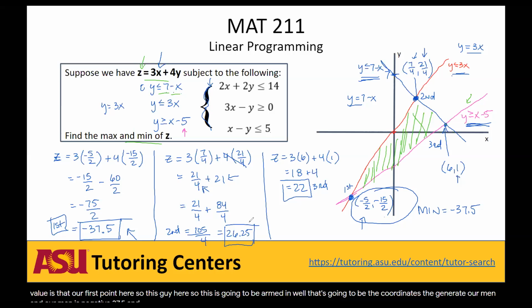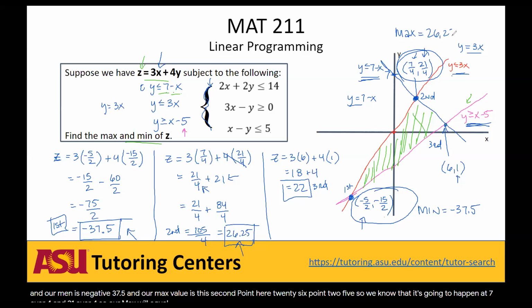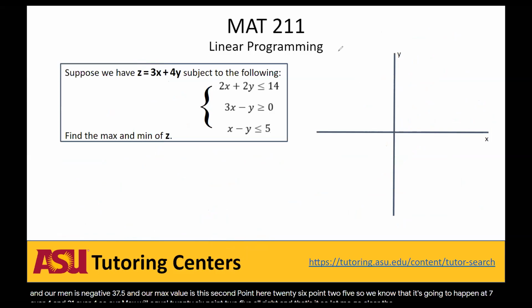And our max value is this second point here, 26.25. So we know that it's going to happen at 7 over 4 and 21 over 4. So our max will equal 26.25. All right, and that's it. So let me go clear this and move to my next screen.